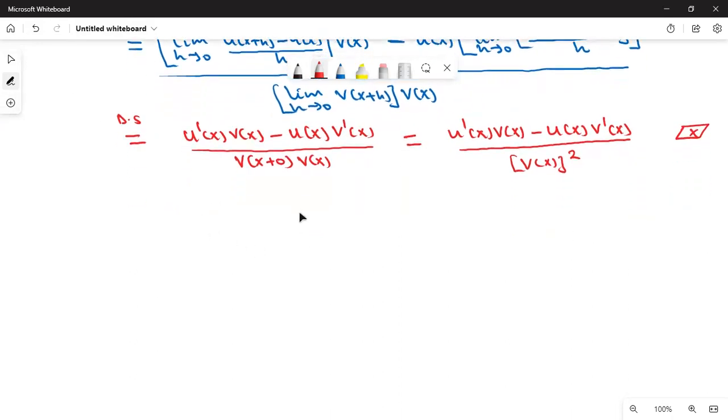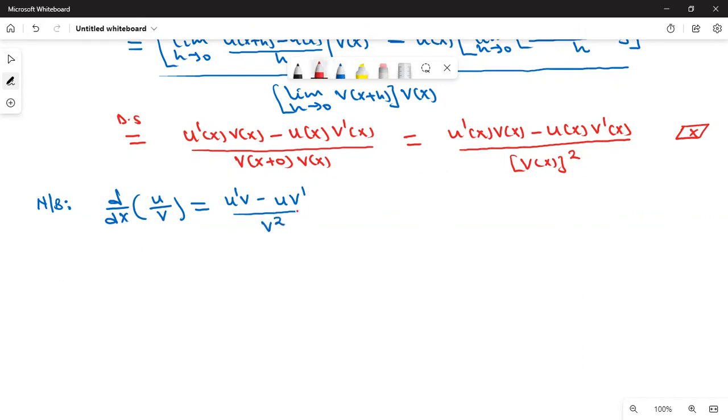So in summary, you see those x's can confuse somebody. You can simply take note that when you are differentiating a quotient, that is u over v, you need to get u prime v minus u v prime, everything divided by v squared.